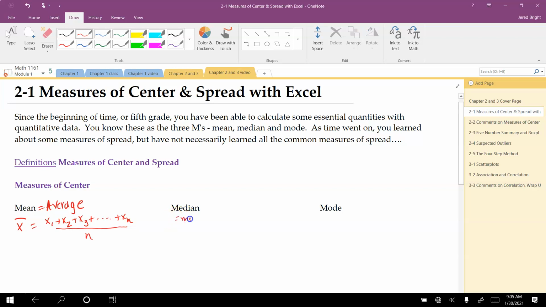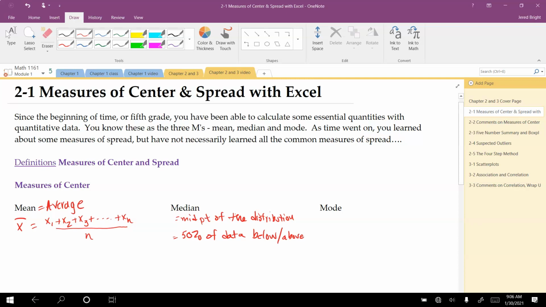Another way to think about the median is that 50% of the data is below, and then if you're a glass half full type person, you might say above. So it's the middle point of the data that we have.